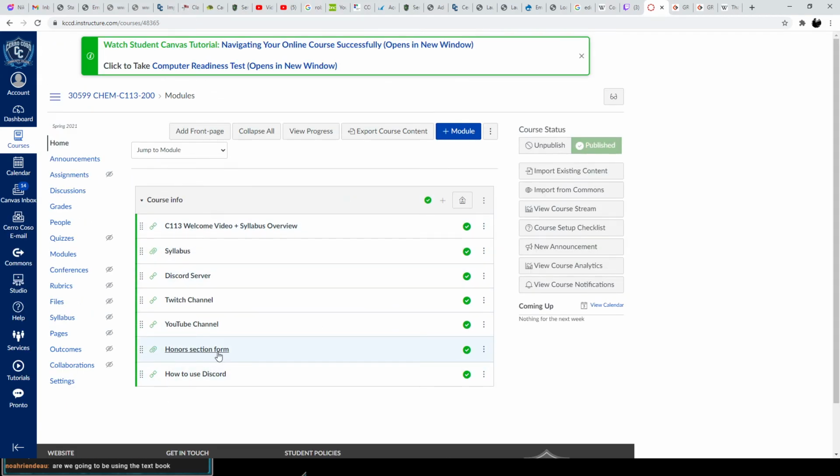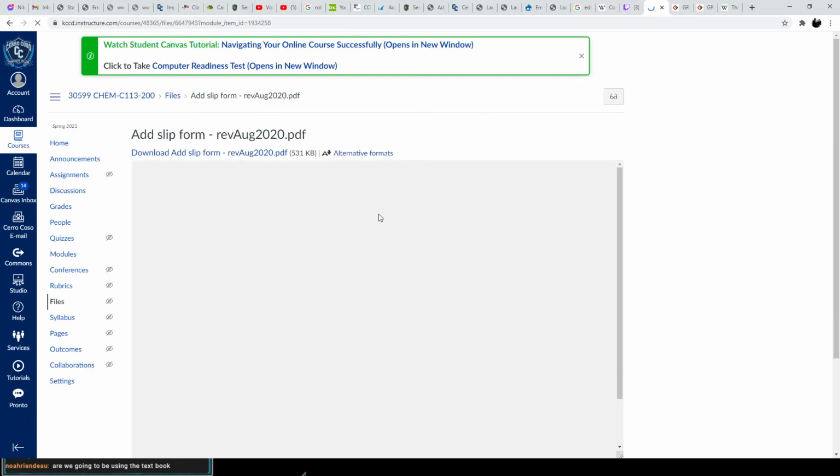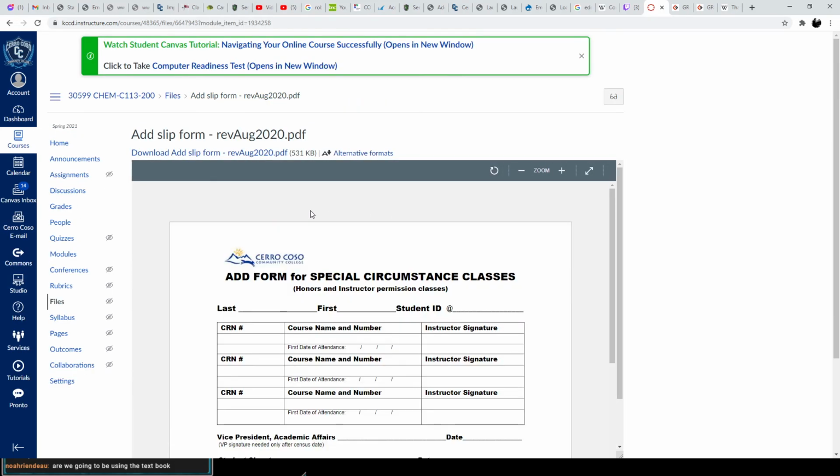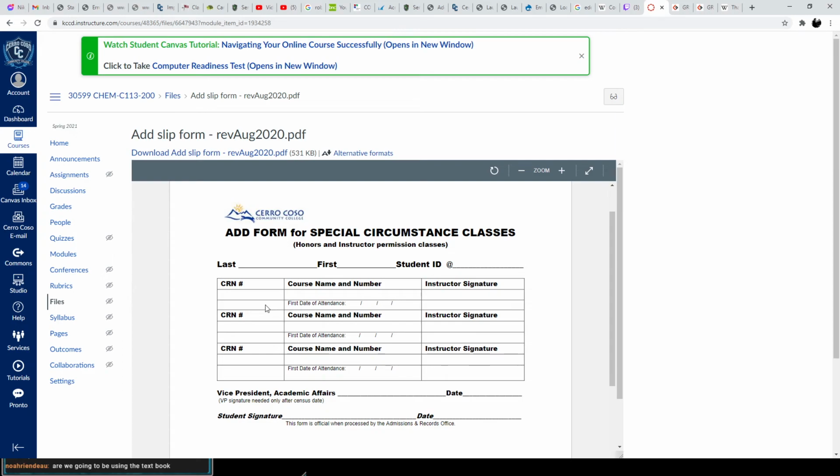Aha! On Canvas, when you log into Canvas, there's a form here. You just download it. Really, all I need is your name and ID number. Just fill out this top stuff and your signature. You could just type it if you want, and then email it back to me.